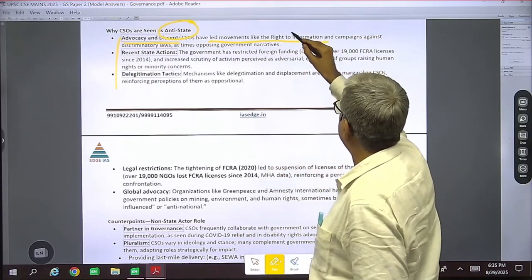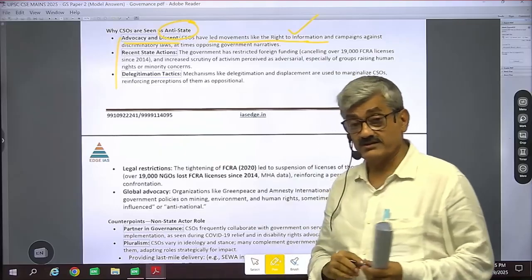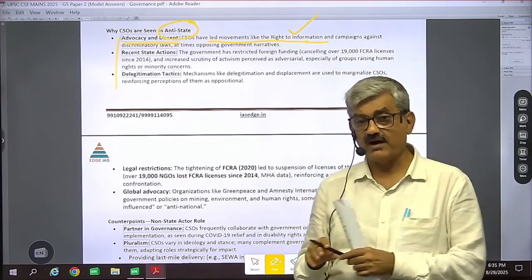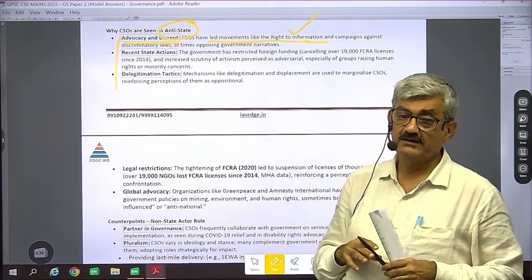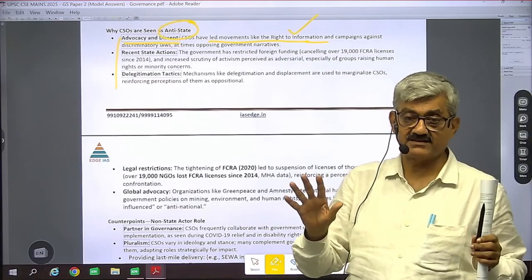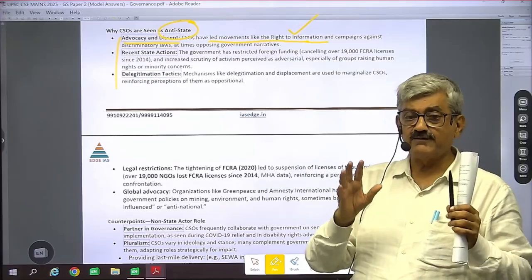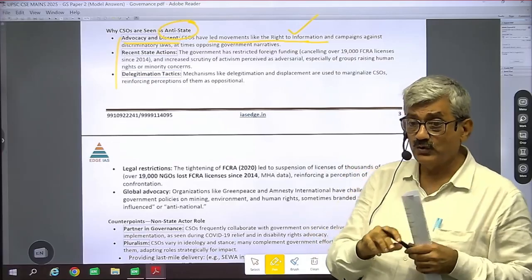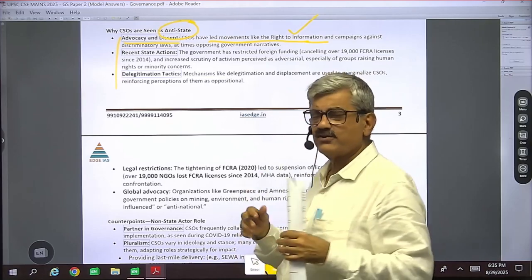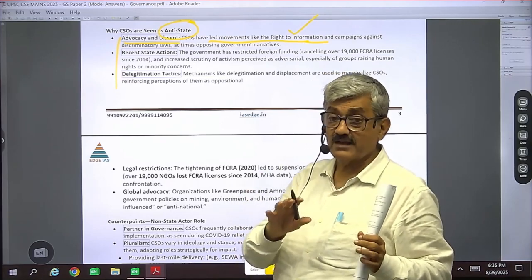Let's see. The right to information, as we had in 2005, came in terms of our act, and the contribution of civil society has been immense. They have fought for it. They have flagged the issue, and in the formation of the right to information, their role has been commendable.